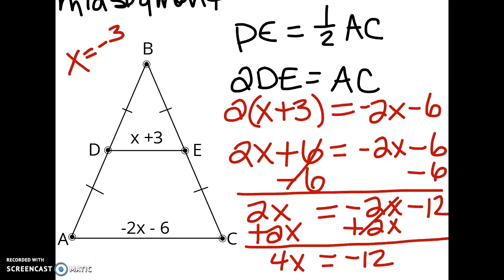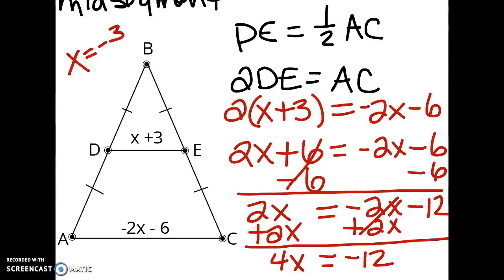Now if the question asked me to find x, I would have completed my task. But if it told me to solve for DE, then I would have to take negative 3 and put it in for x, and negative 3 plus 3 is 0.